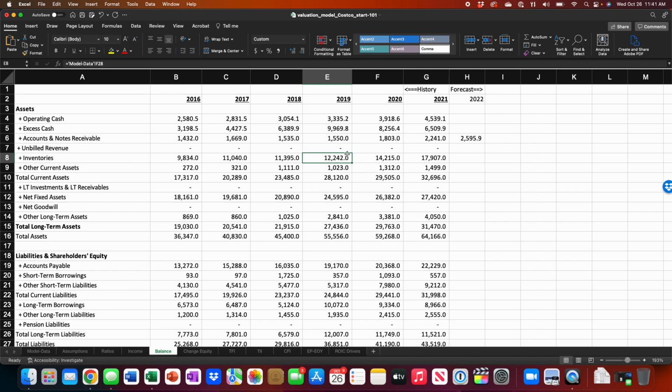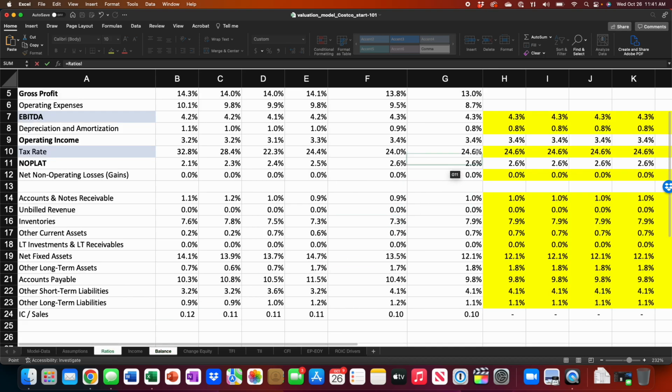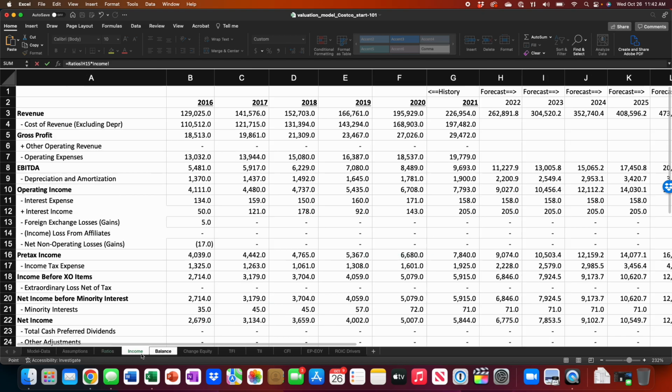Do the same thing for unbilled revenue. Now it's 0 for Costco, but it may not be for another company. Equals ratios, unbilled revenue as a percentage of sales for 2022, so that's H15, times, from the income tab, H3.